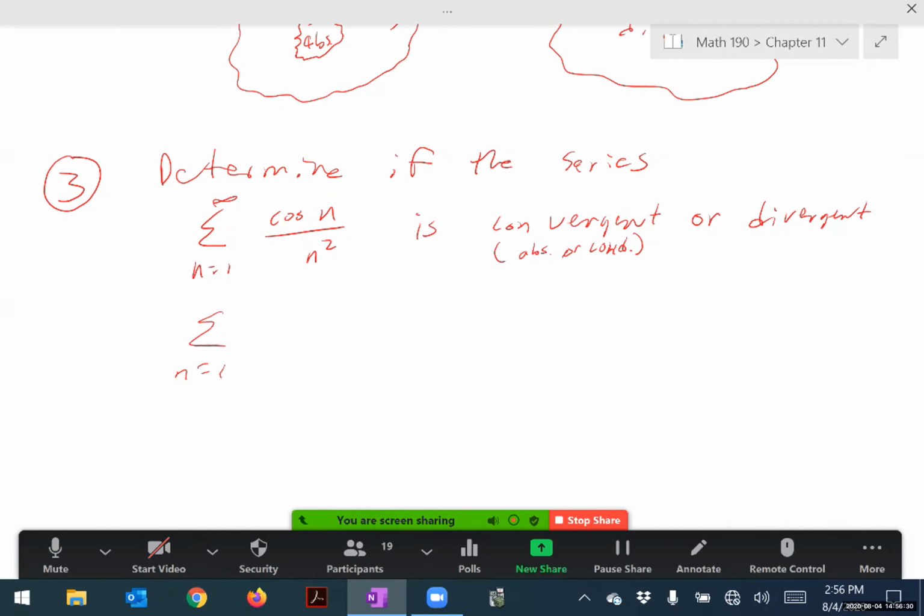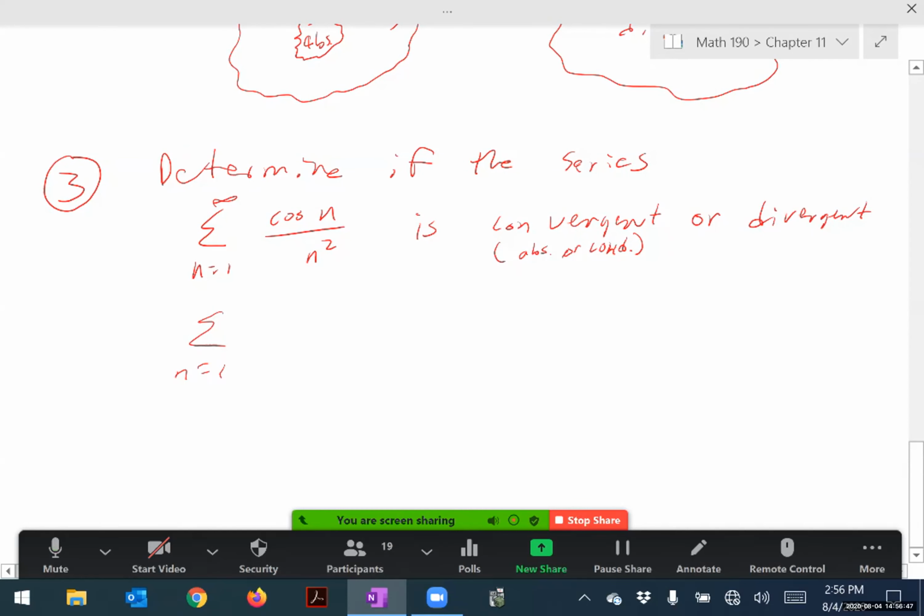So let's think about it this way. I know that I can prove that this thing is convergent, but I don't know if it's absolutely or conditionally. So how can I prove that this thing is convergent?